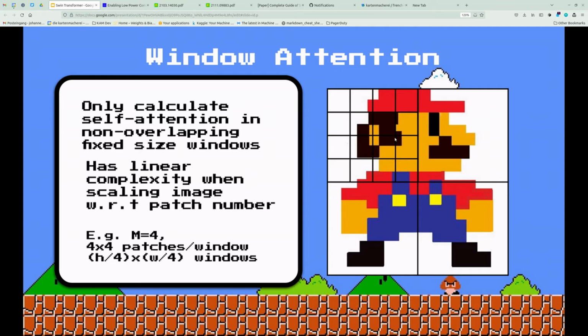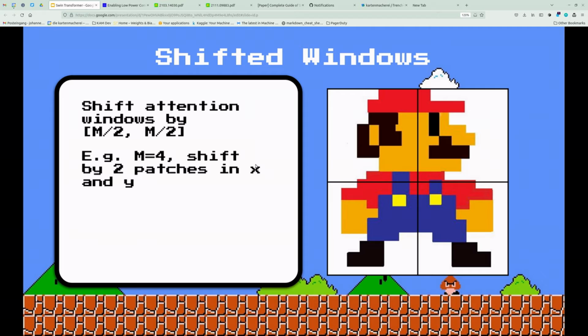Because they are computed individually, we can't tell from here. So they say, okay, we do a shifted window. So what's a shifted window? They just move one of these windows by half the size, right? So it would be by 2 patches basically in X and Y.